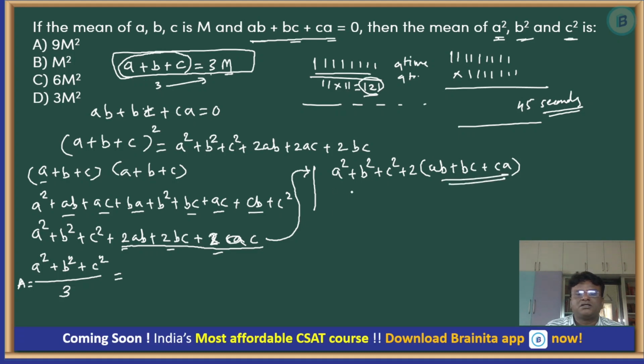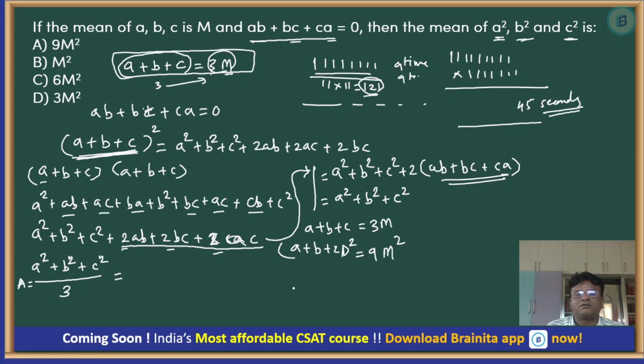That means this term is nothing but A square plus B square plus C square. What is this term? This term is A plus B plus C whole square. We know that A plus B plus C is equal to 3M. So A plus B plus C whole square is equal to 9M square.